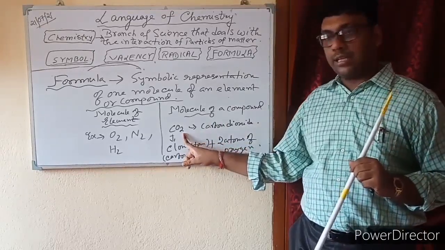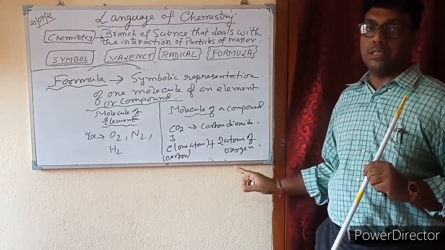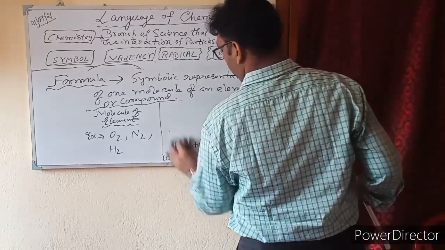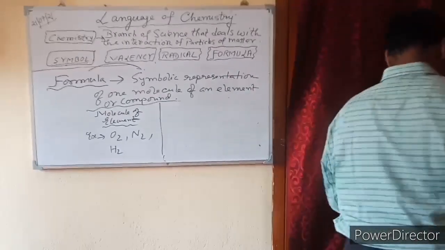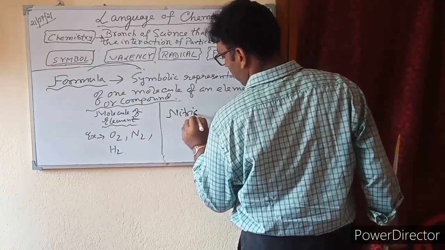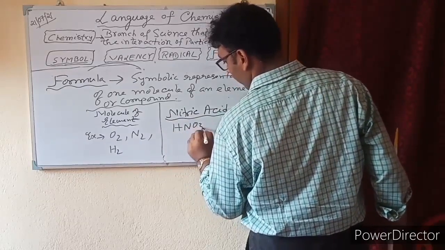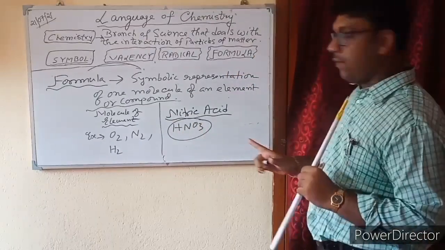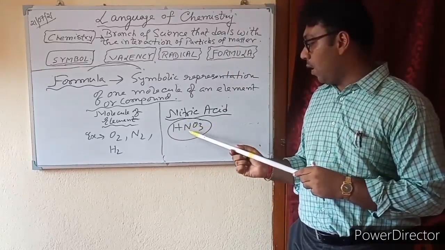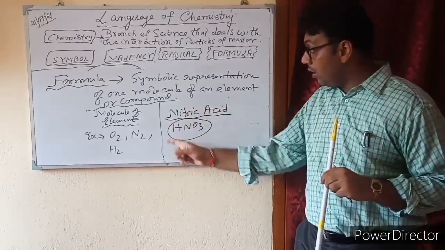Another example you can see. Nitric acid, HNO3. This is one molecule of nitric acid, made up of one atom of hydrogen, one atom of nitrogen, and three atoms of oxygen. So this is called chemical formula.